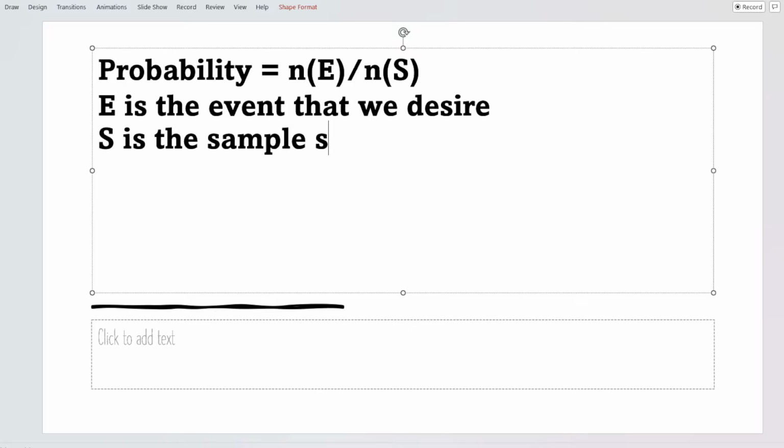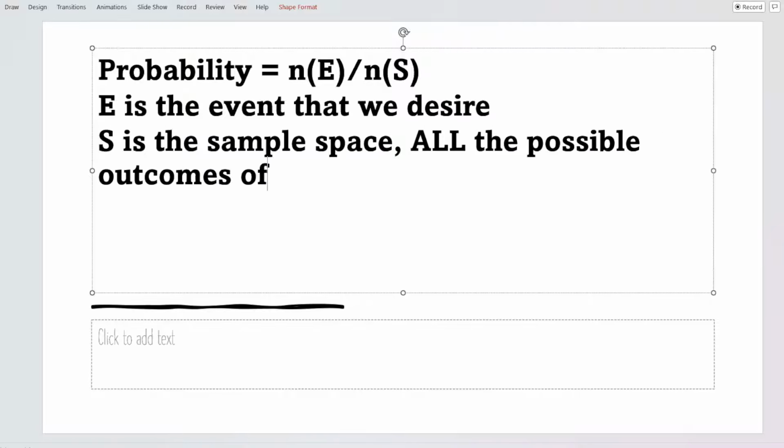When we say the sample space, the more common term is all the possible outcomes of the scenario.